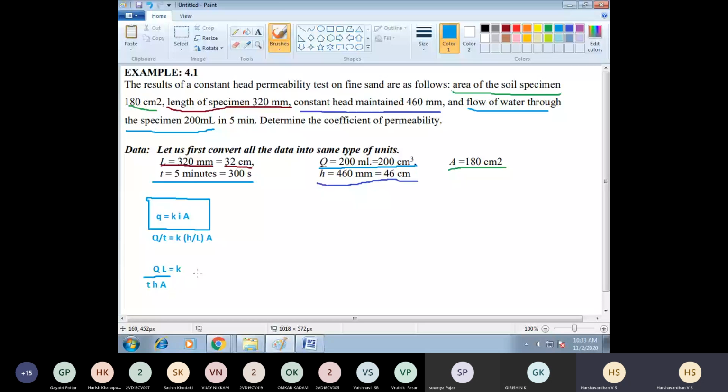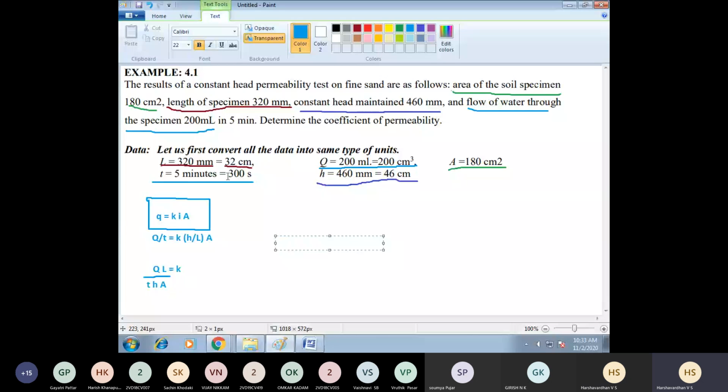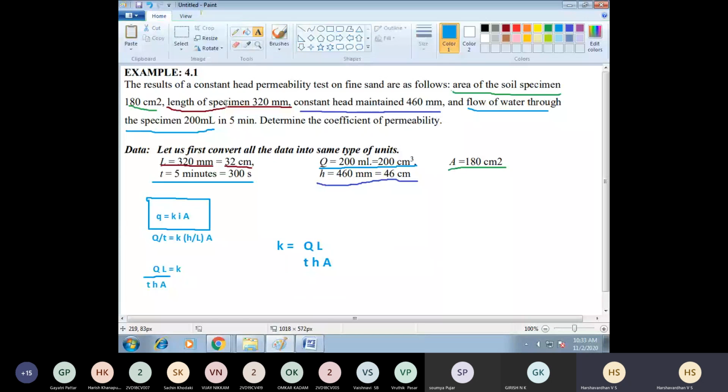Can anyone tell me what is the value of K? Anyone, what is the value of K?